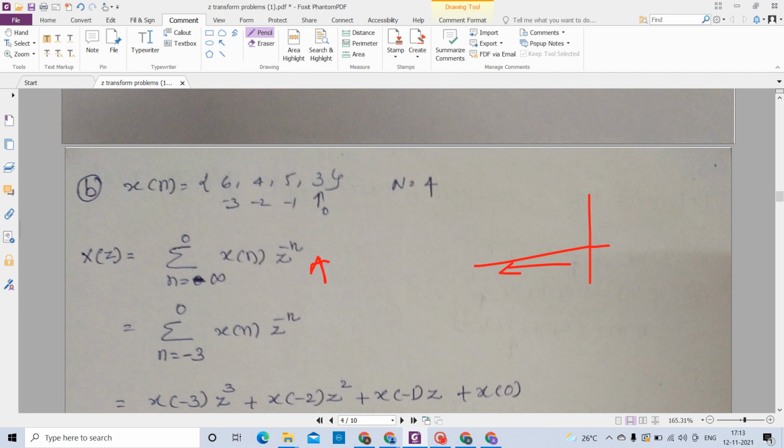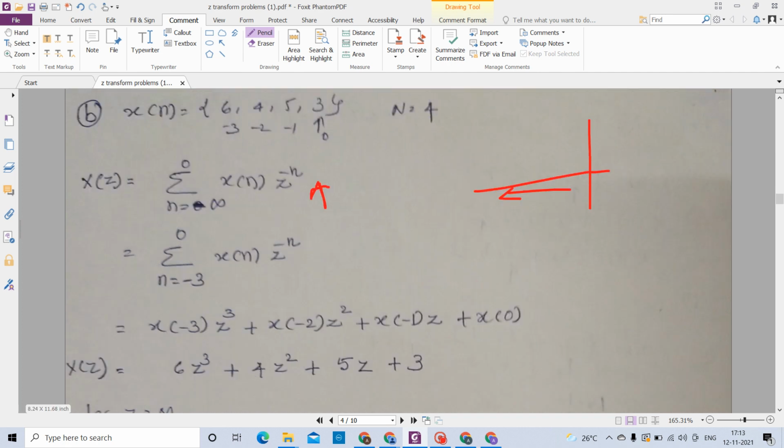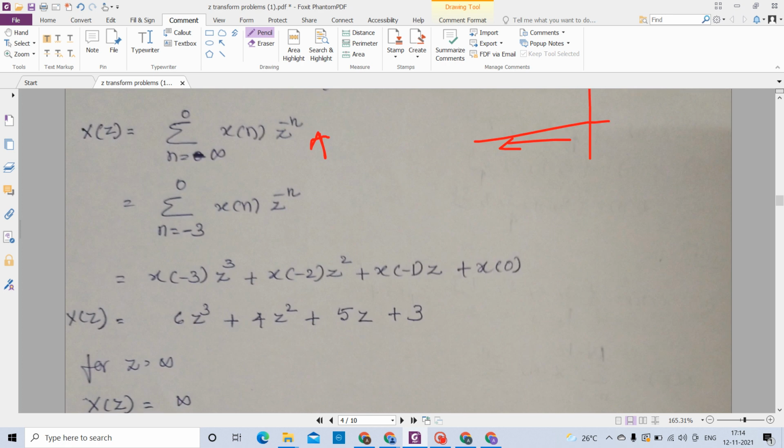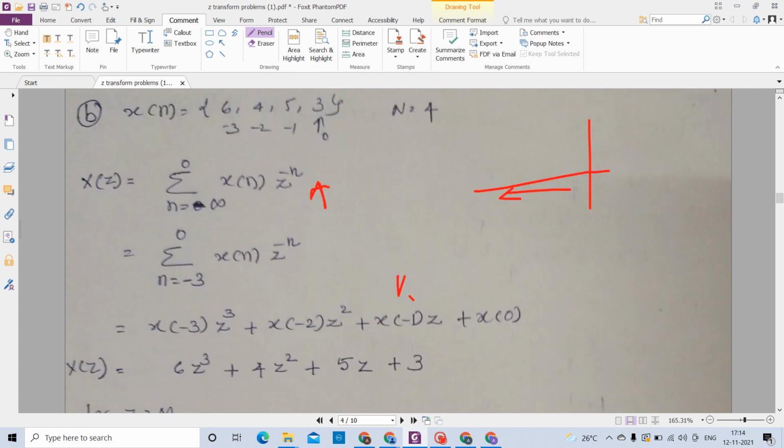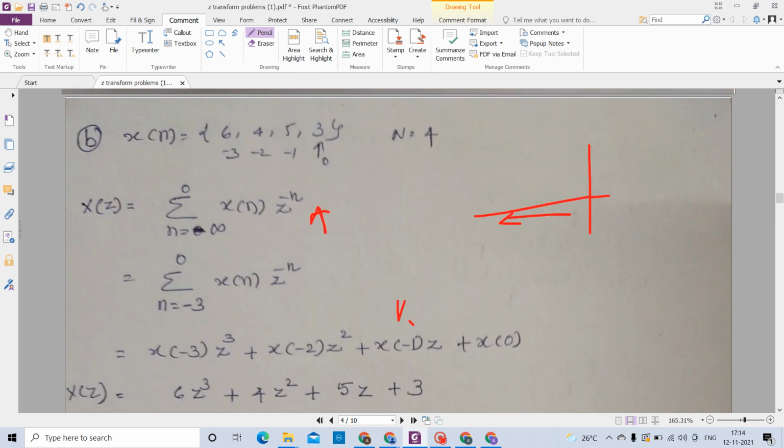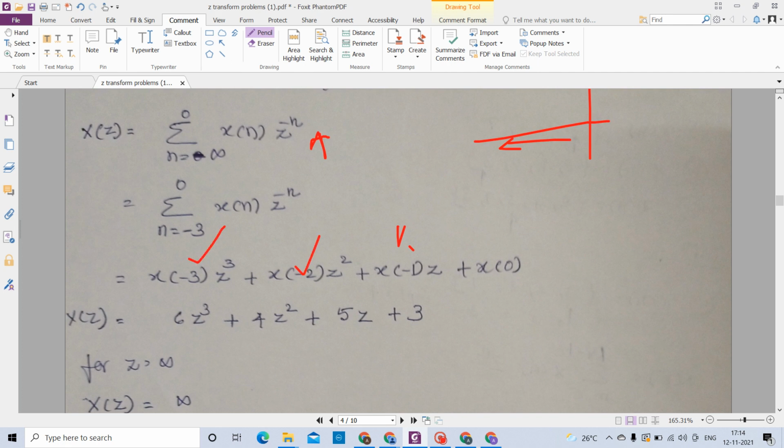As it is finite, n goes from minus 3 to 0. Just substitute the value of n in this equation, you will get this equation. Then substitute the values of x of minus 3, minus 2, minus 1, 0 in this equation, and you will get this type of equation.